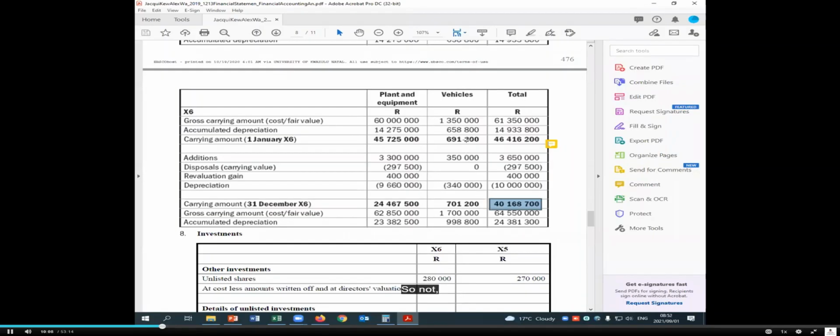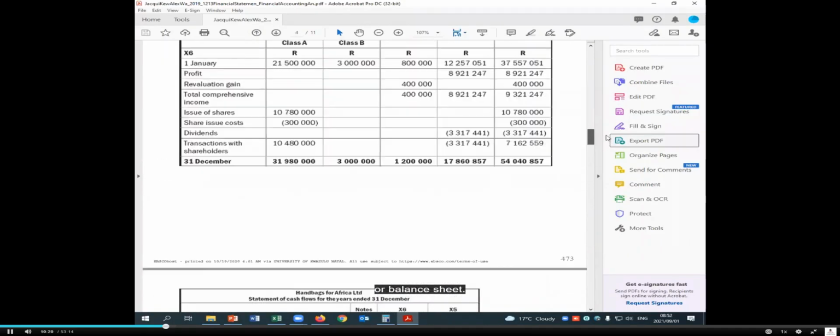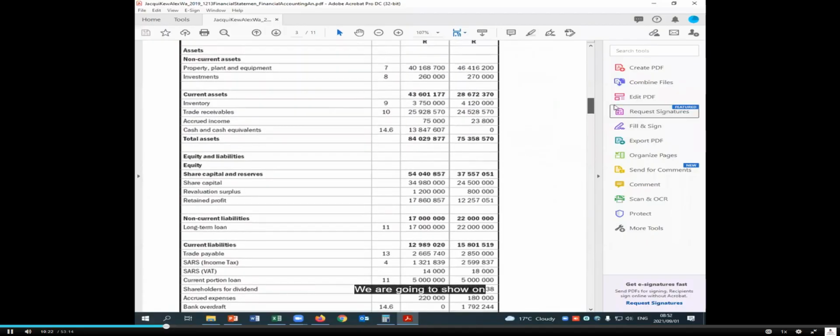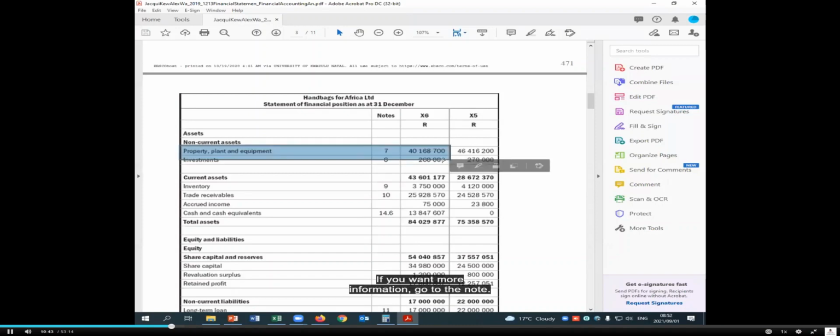So we're not going to do what we used to do before in our statement of financial position or balance sheet, where we show on the face under assets vehicles, machinery, equipment. That was baby bookkeeping. We just have one line item known as property, plant, equipment. If you want more information, go to the note.